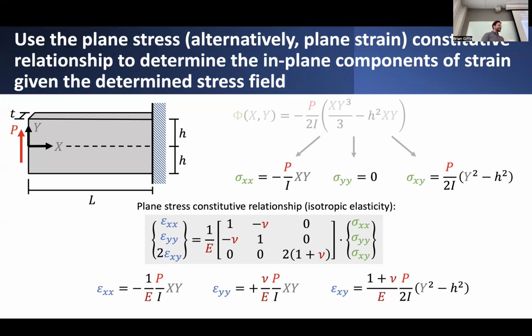What this is saying is that if I have some longitudinal extension of material fibers along the axis of the beam, if they're stretching out longitudinally, then they also have to contract laterally. Same thing on the opposite side of the beam.